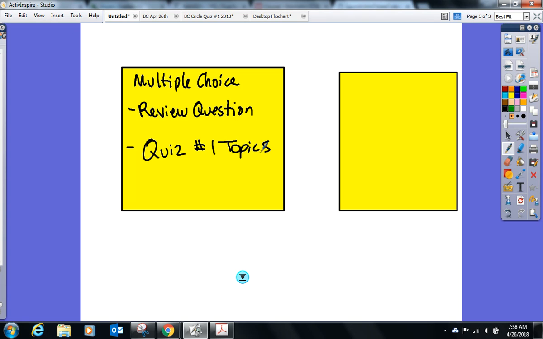And then the non-multiple choice where you have to show your work, we're going to have a couple questions regarding tangent lines. So make sure you know your 2 theorems on tangents, which we can go over right now. Anybody know the 2 theorems on tangents? Go, one theorem, Madeline.